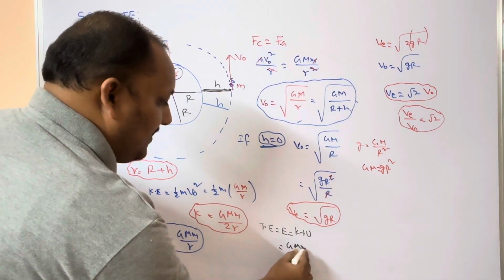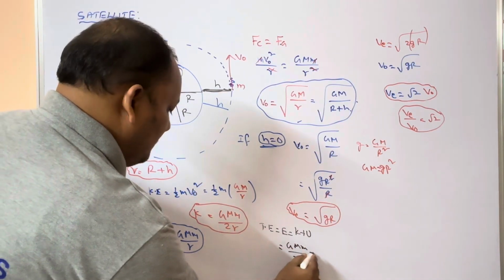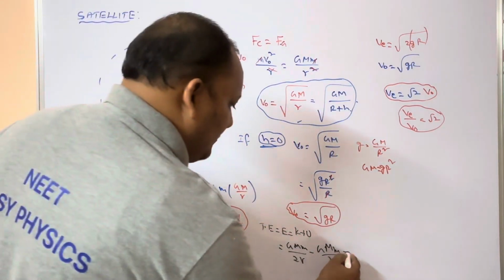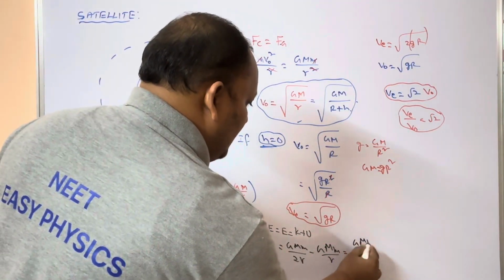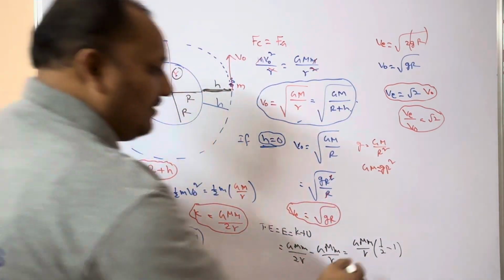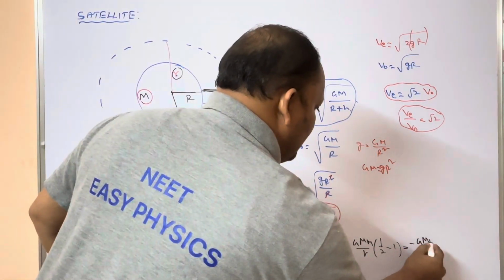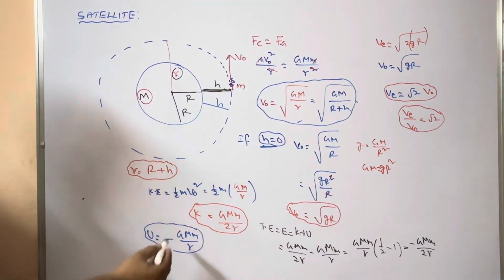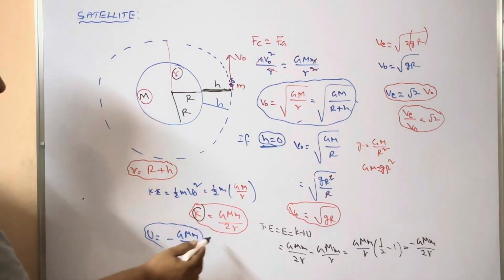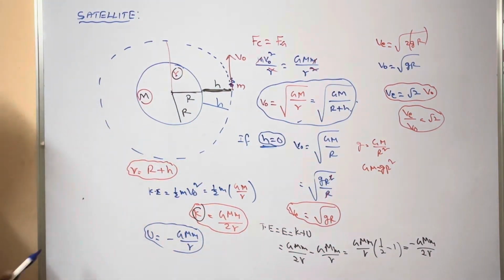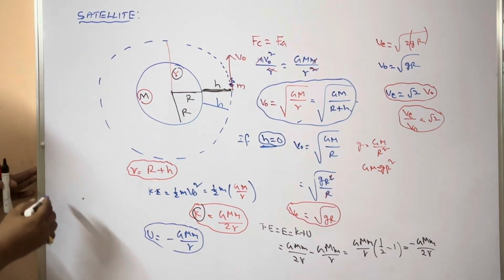So GMm by 2r minus GMm by r. What are we going to get? GMm by r is common, so 1 by 2 minus 1. Therefore, minus GMm by 2r. You can see that if you put a minus sign on the kinetic energy, that is the total energy. They will ask the relation between this total energy, kinetic energy, and potential energy.